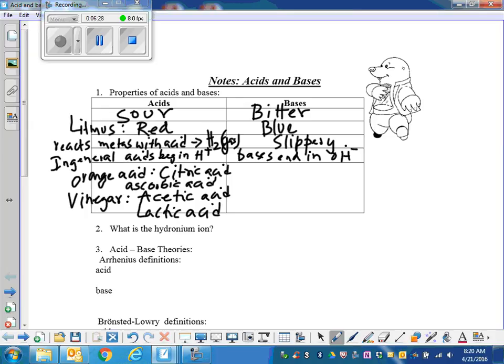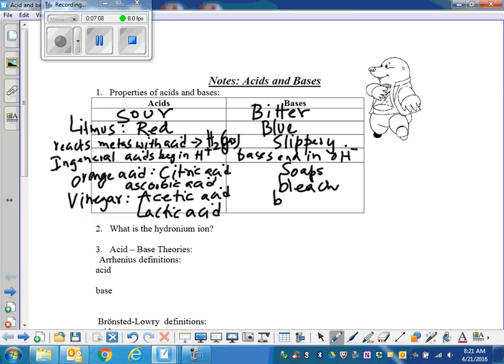Let's talk about bases. Bases are slippery to touch. Soaps. Bleach. Anything else? Blood. Blood is mildly basic, very mildly. It won't be slippery to touch, but it's mildly basic on a pH scale. That is a proper base, but I'm asking about everyday life substances.